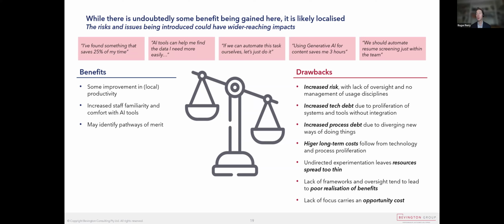You can introduce process debt, particularly if you're using lots of different ways of examining process, or you're just introducing AI and not changing your process. You can have higher long-term costs because you're using lots of different providers, for example. Undirected experimentation can leave your resources too thin, which means you don't actually build the scale that you need to really make a difference. And lack of frameworks and oversight tend to lead to the poor realization of benefits. So there's an opportunity cost and there's risk.